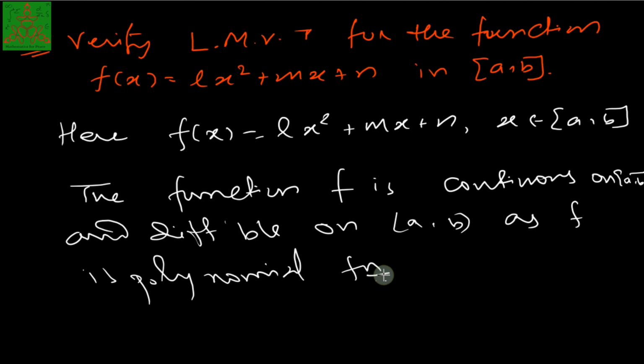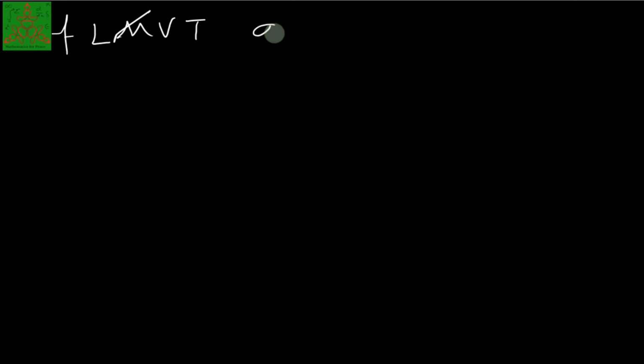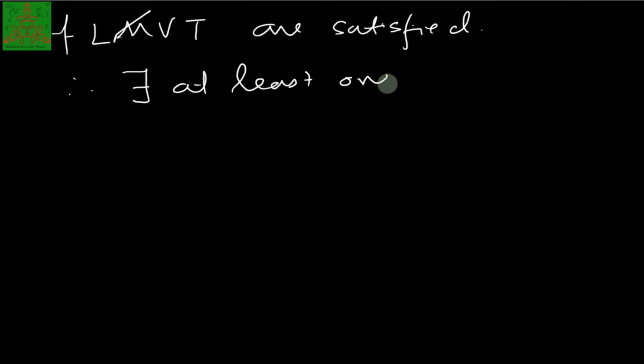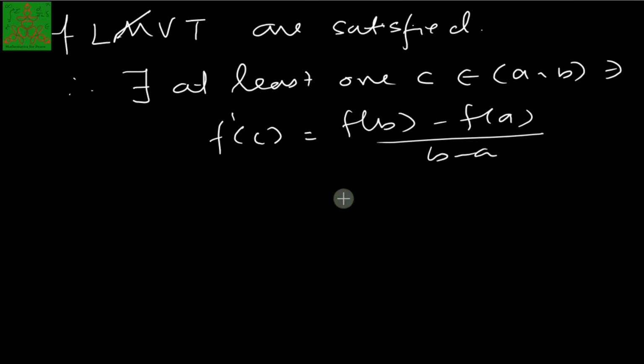So we can apply LMVT, as both conditions of LMVT are satisfied. Therefore there exists at least one c in the interval (a, b) such that f'(c) is equal to (f(b) minus f(a)) upon (b minus a).